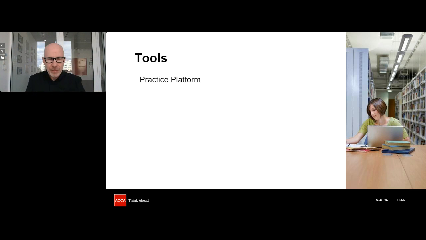Guys, you've got some great tools for these last 18 days. You've got the practice platform. There you can find recent past exams. Guys, with APM though, you've got to be careful to focus on post-September 2022, because the earlier exams will have a different structure.